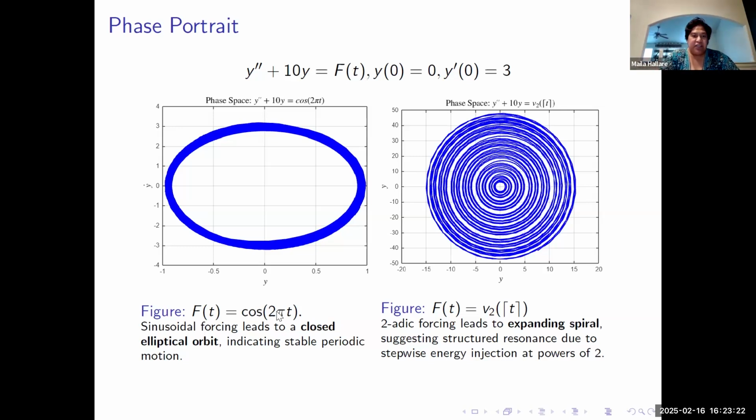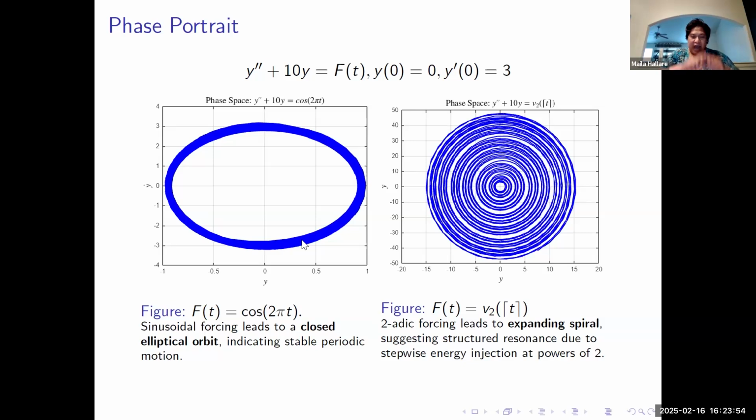Okay, so with f of t equals this, our classical forcing, then we will have this closed elliptical orbit in the phase space. So basically what happens here is that we need to convert the second order ODE into a system of two first order ODEs. And then you plot on the horizontal the y, plot on the vertical the velocity or the y prime. Okay, notice the corresponding phase space for our differential equation.